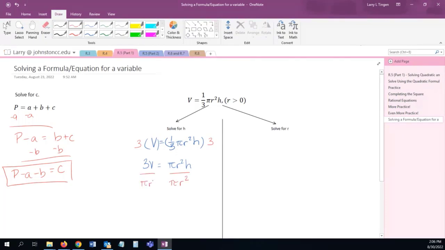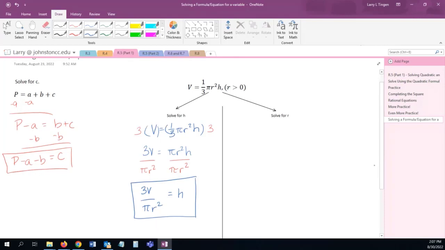I do it to the left, I do it to the right, and I end up with what? On the right-hand side, I have h. On the left-hand side, I have 3v divided by pi r squared, and I'm done. Nothing divides on the left. All the variables are different or unlike, so there's nothing left to do.